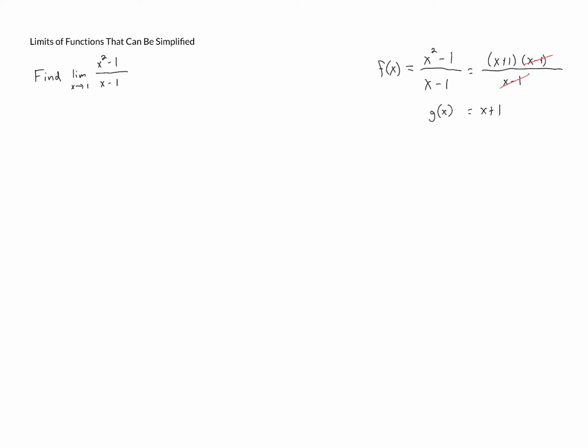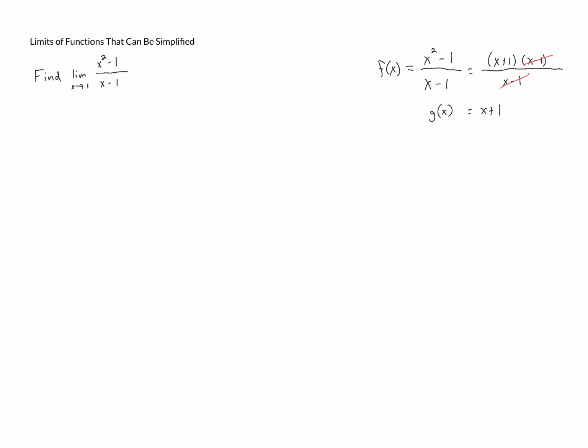That division that we did gives us a difference specifically when that factor was 0, or when x equals 1. If you were to draw the graphs of these two functions, the difference you would have is that f of x is undefined at 1 and g of x is defined.